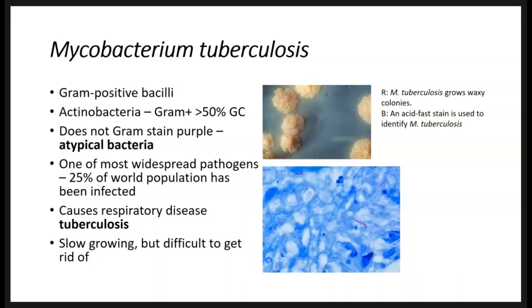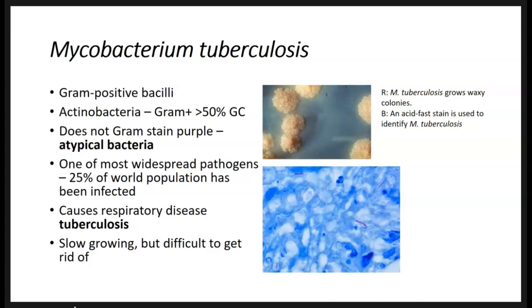It is in a group of organisms we call atypical bacteria, because they don't respond like we expect them to the gram stain procedure. So instead, in order to diagnose MTB, we use a different biological stain called an acid-fast stain. And that image is shown there on the bottom. So this stains those bacteria red using the acid-fast procedure.